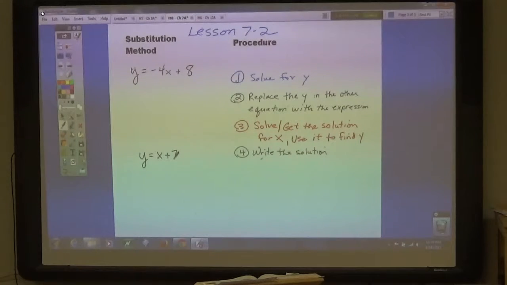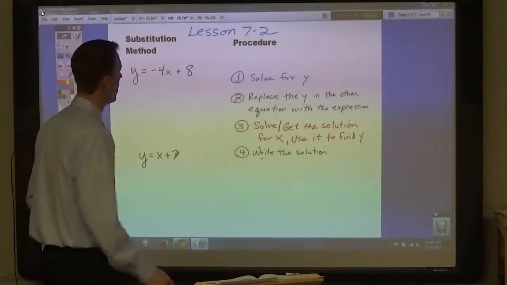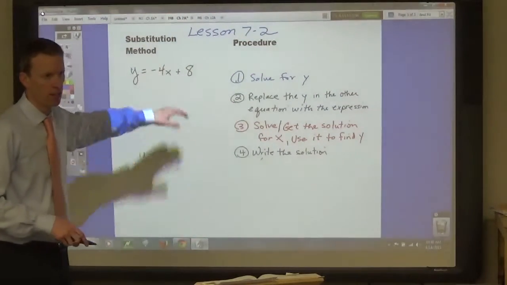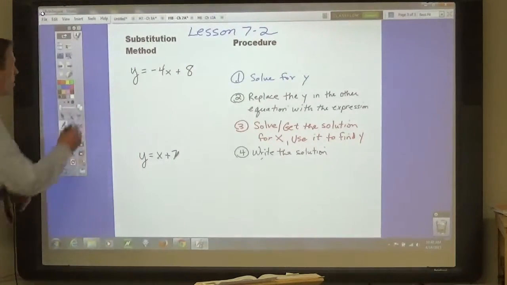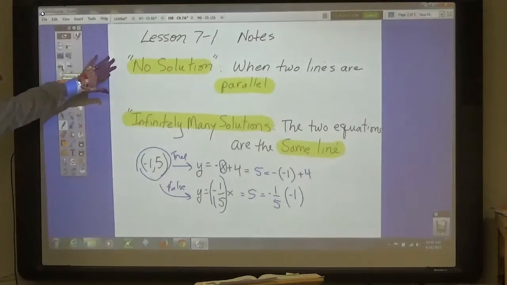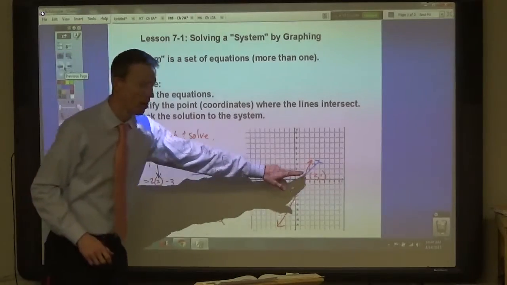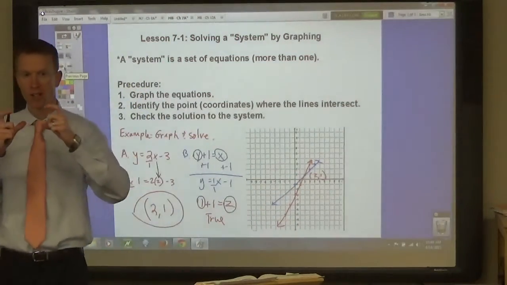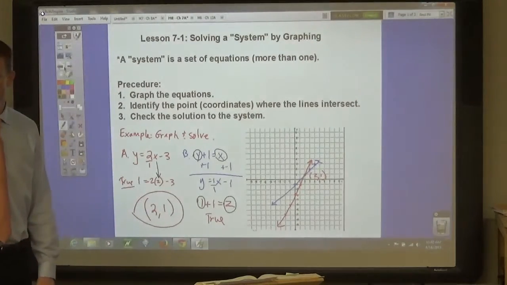Okay, 8th grade. We're going to go through lesson 7.2. This lesson is on using the substitution method to solve a system of equations. Remember last time we used the graphing method, where you would graph and where the lines cross, you get a point that makes both equations true when you put in the numbers.